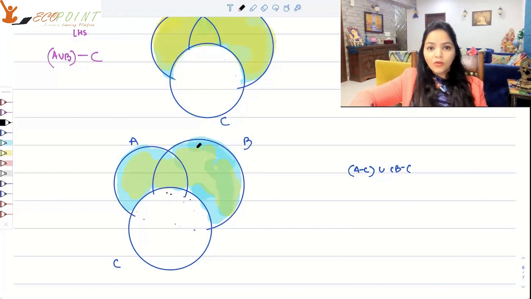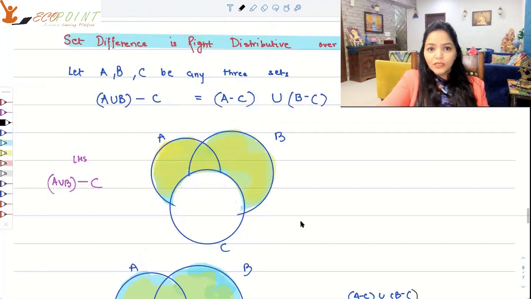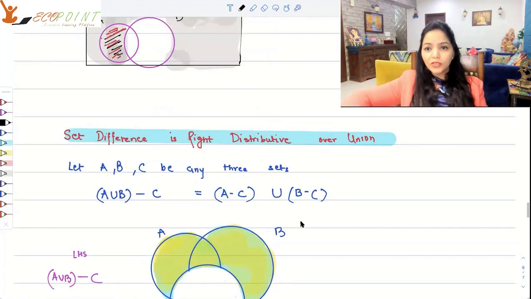The right-hand side is also exactly the same area as you can see in the two diagrams. So which means what we said is true. The set difference is right distributive over union. A union B minus C is same as A minus C union B minus C. This is the only distributive law which will be valid here.